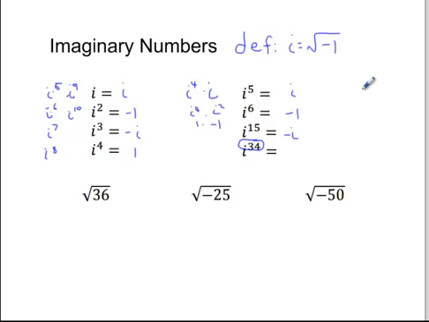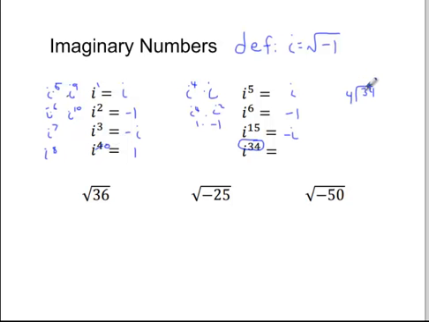But what you do is you see how many times 4 goes into the exponent, and see what the remainder is. The remainder is the important part. It's either going to be a remainder of 1, 2, 3, or not 4. It's going to be more like i to the 0 power. 1, 2, 3, 4, which, by the way, is equal to 1.